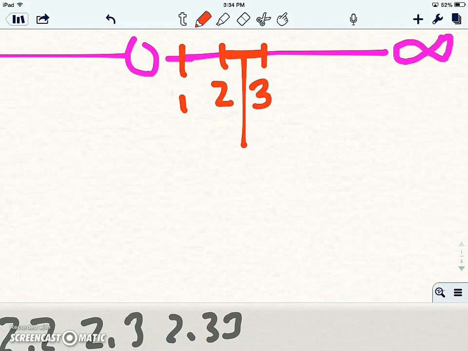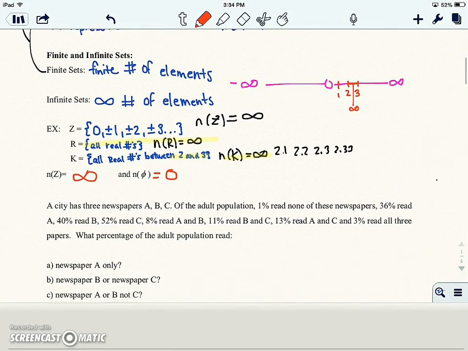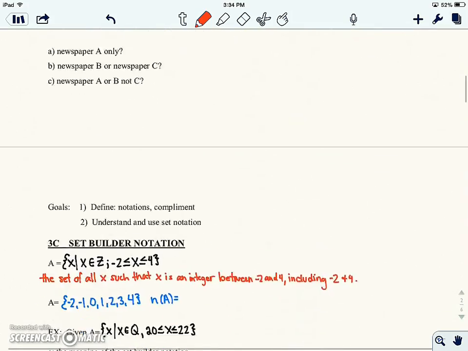This is also infinite. So we have an infinity inside infinity, which is kind of crazy, different sizes of infinity. So again, n of Z was infinite. n of the empty set is 0 because there's nothing in there. All right, we're going to skip this problem until the end and start on the next section.